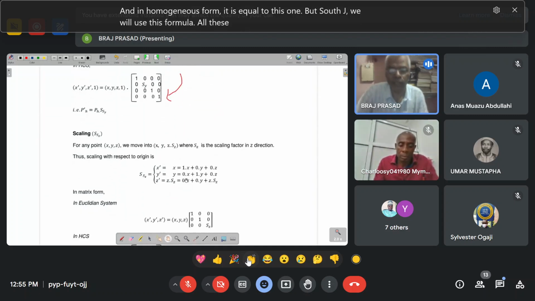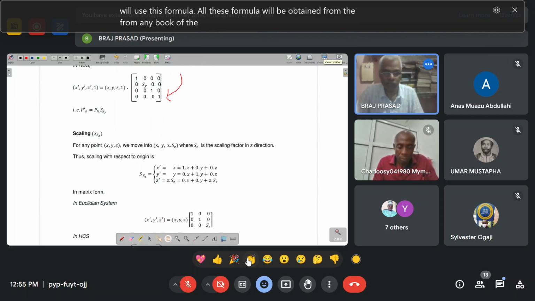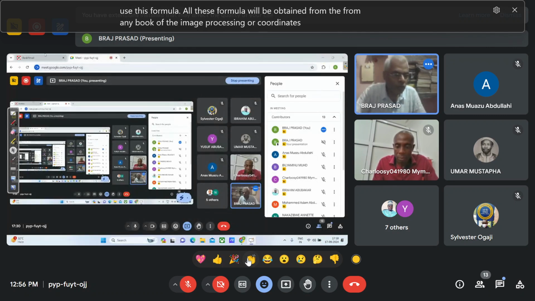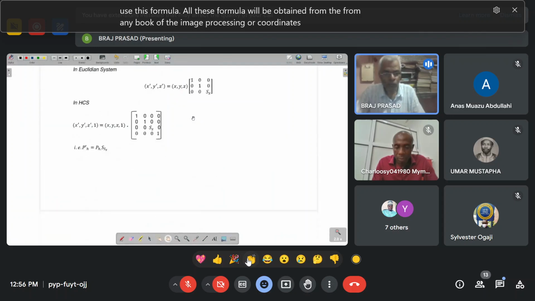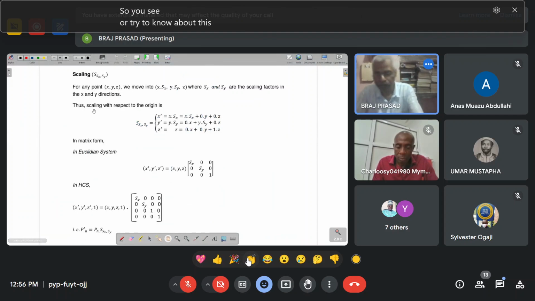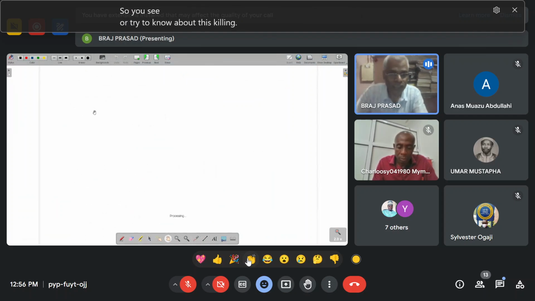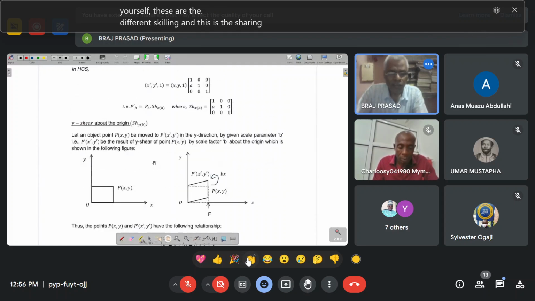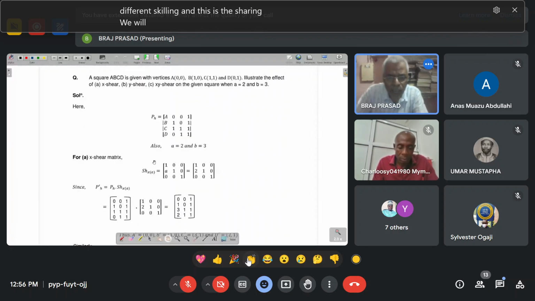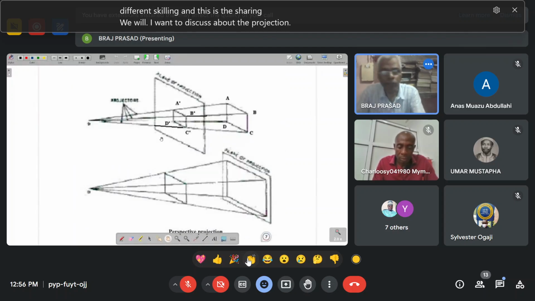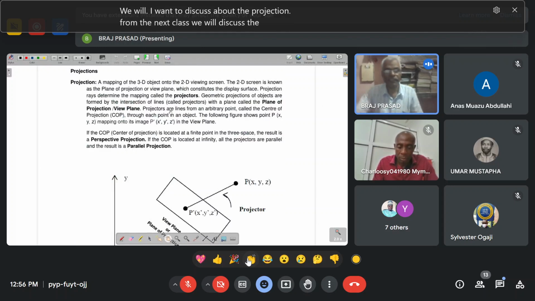All these formulas can be obtained from any book on image processing or coordinate systems. So try to learn about the scaling yourself. These are the different scalings, and this is the shearing. Now I want to discuss projection. From the next class we will discuss image processing.